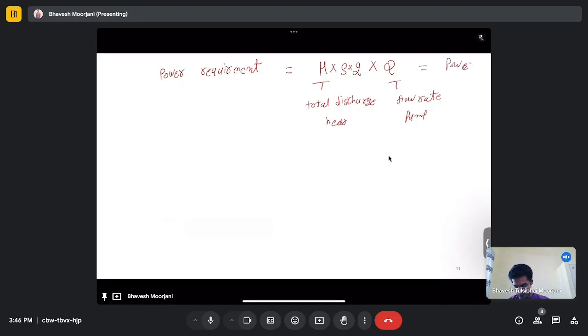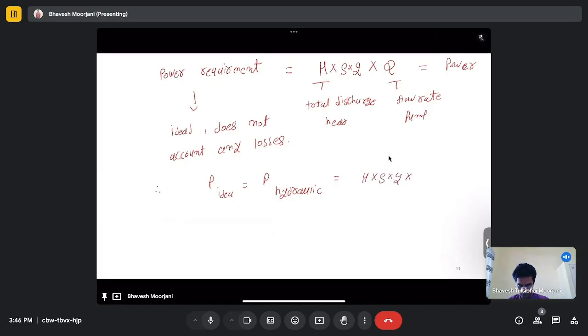But this power is ideal, it does not account for any losses, right? So this we can refer to as P ideal or P hydraulic, okay.